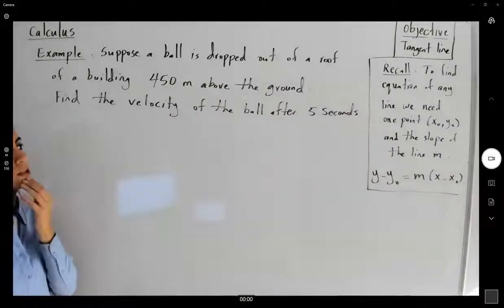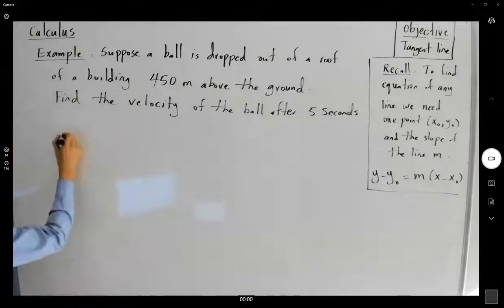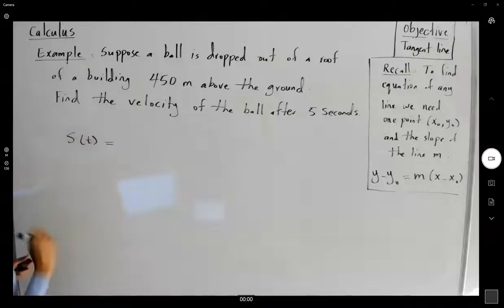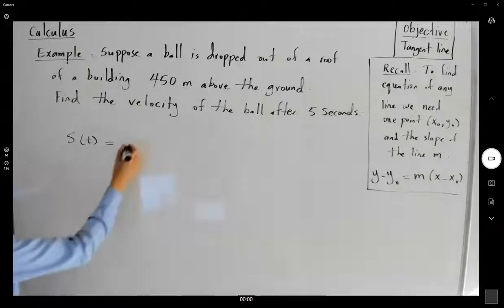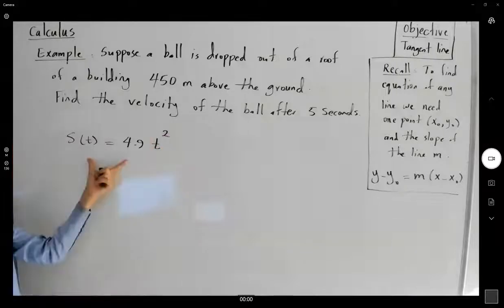So what are we going to do? We're going to use the formula for the distance, s(t), that you learned in physics, 4.9 times t squared, the distance formula.